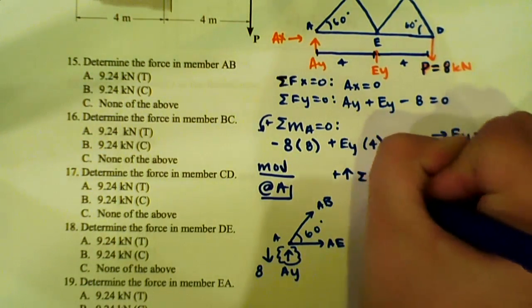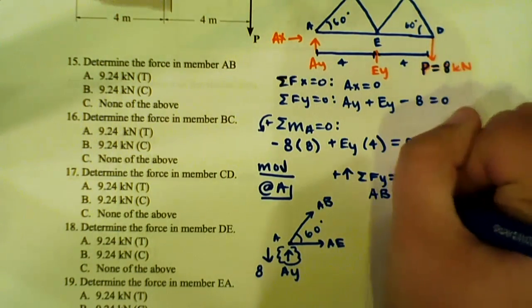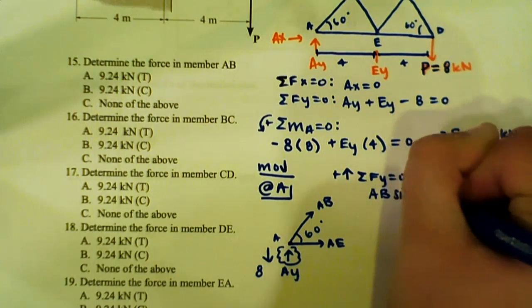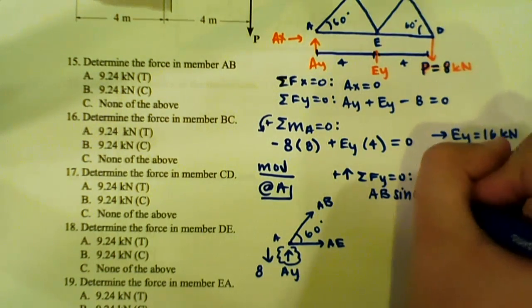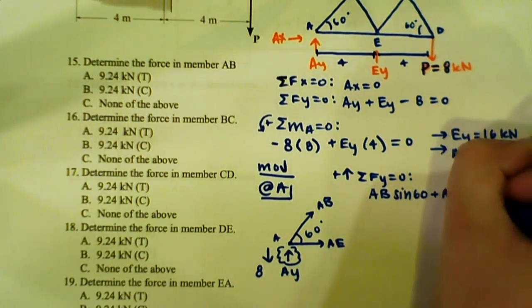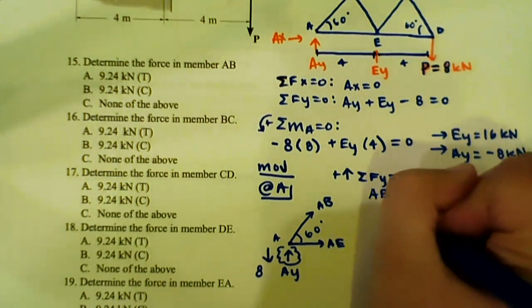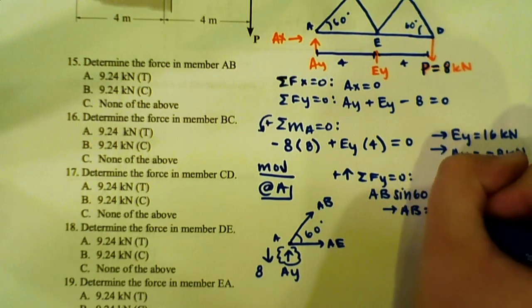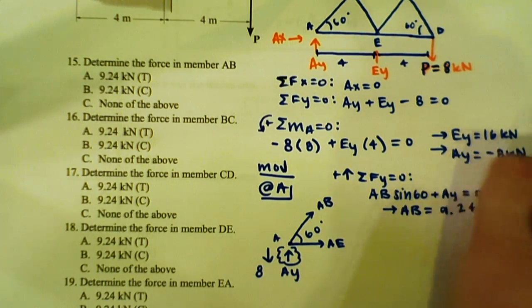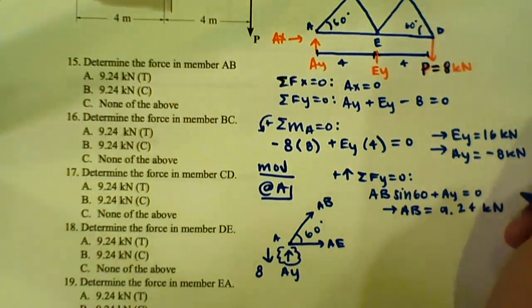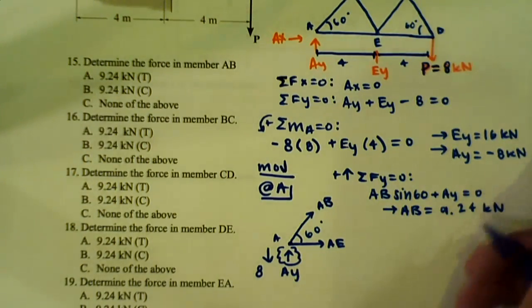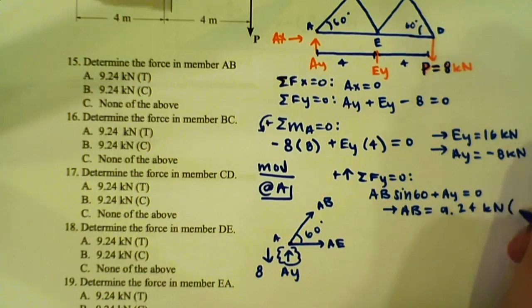We have AB sine 60 plus AY is equal to 0. So then AB is equal to 9.24 kilonewtons. And since it's positive, that means what? It's in tension.